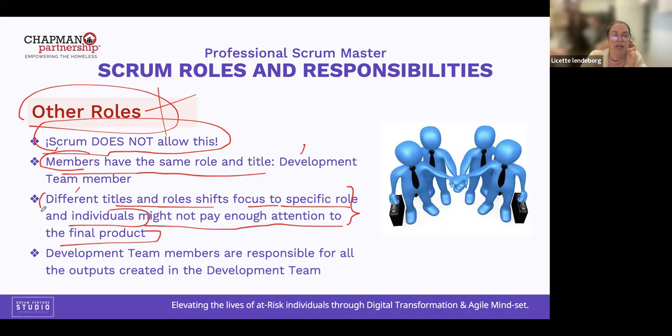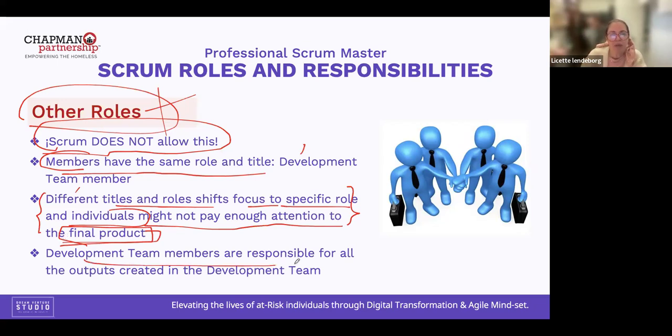They can be distracted by their personal role and say, hey, I need to concentrate just on quality because I'm the quality expert. No, not anymore. Now you need to focus on the final result, the final product. Regardless of being the expert in quality, pay attention to the final increment.